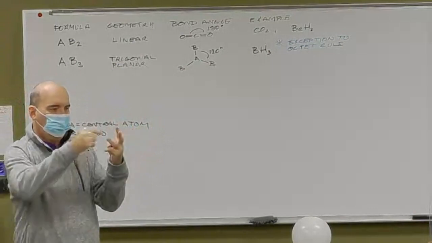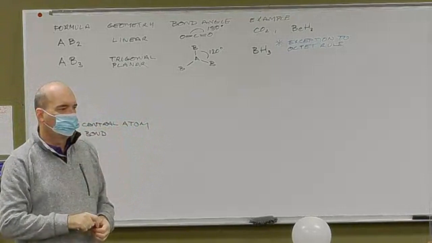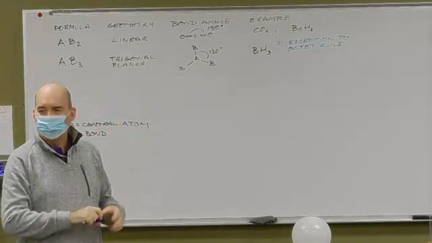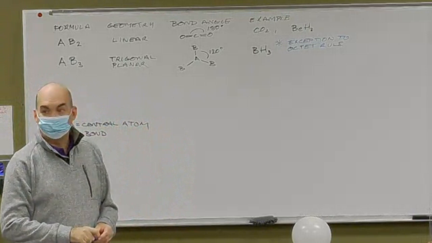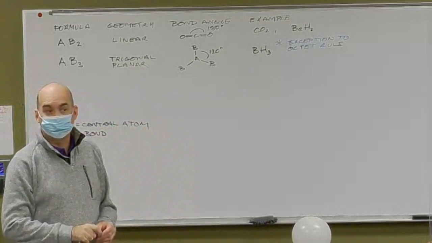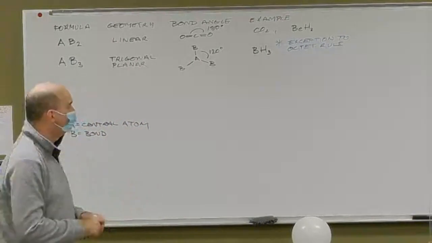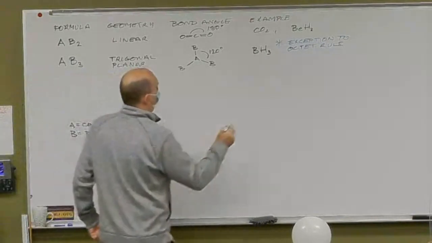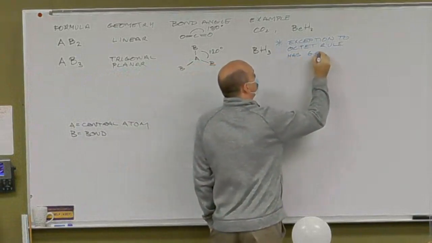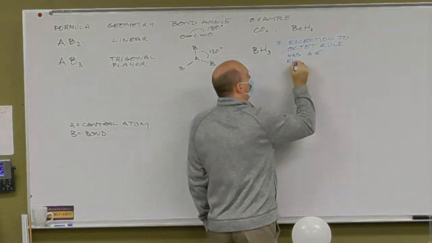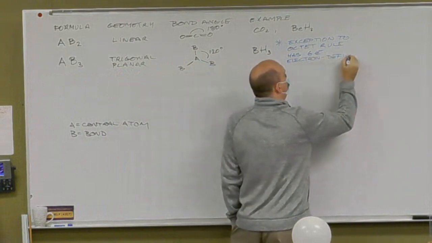And then I put a hydrogen and another hydrogen and another hydrogen around it. That central boron makes all the bonds that it's capable of making, but only has a shared valency of 6 electrons. That's not 8. This has 6 electrons and is therefore electron deficient.